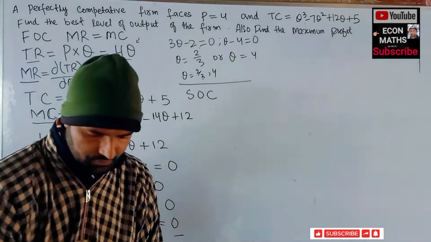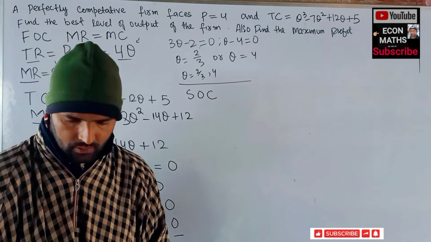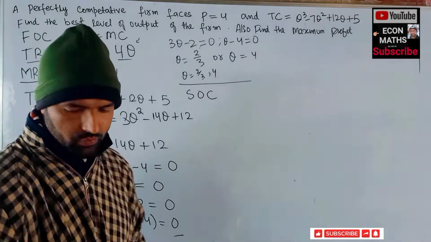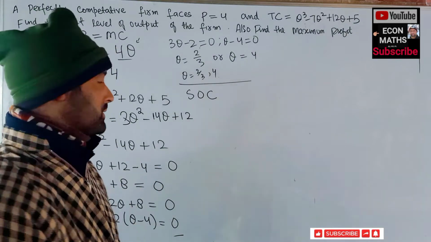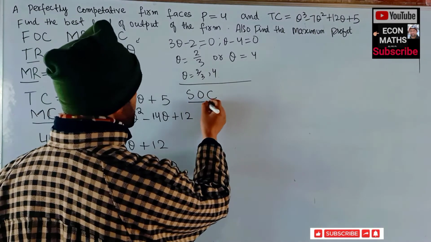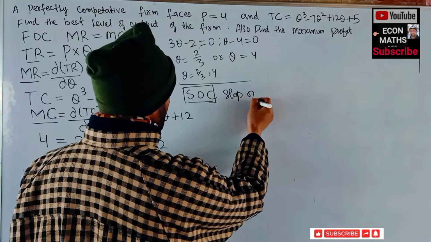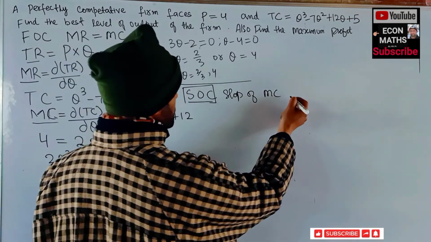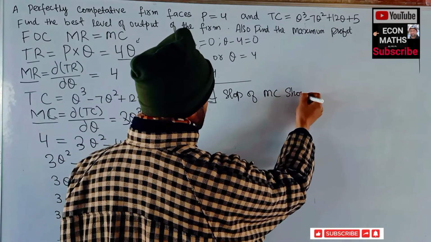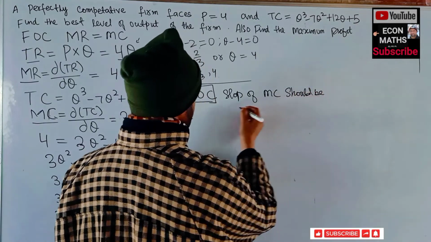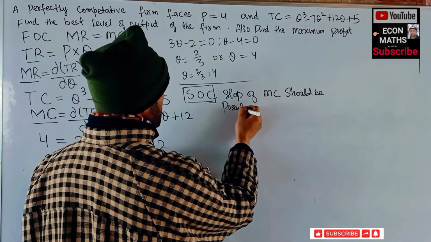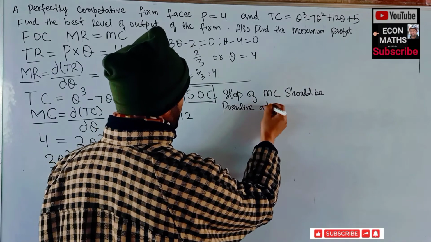So we have to find the slope of the marginal cost now. Second order condition requires that the slope of marginal cost should be positive at critical points.